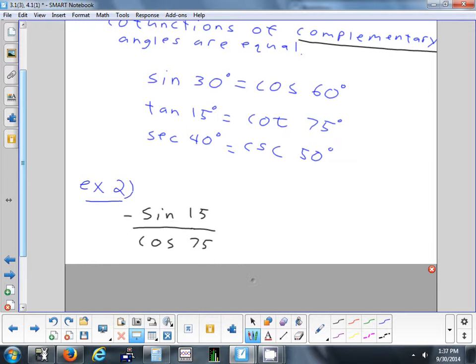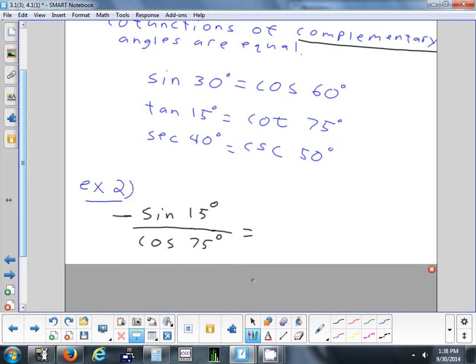So here's an example where you would actually use this idea. We have the negative sine of 15 divided by the cosine of 75. Just forget about the negative for one second. Just pretend it was sine 15 divided by cosine 75.